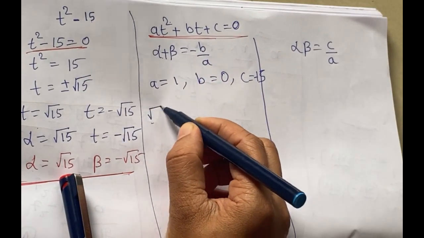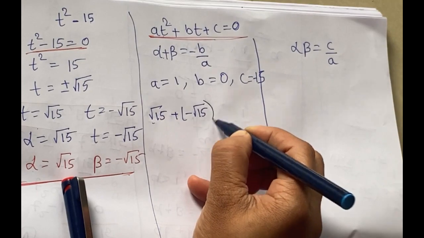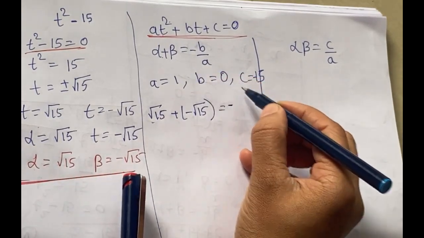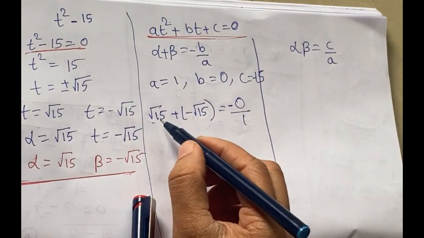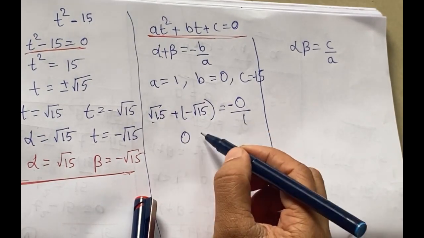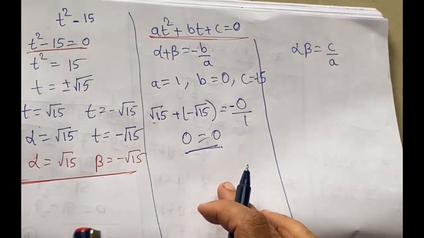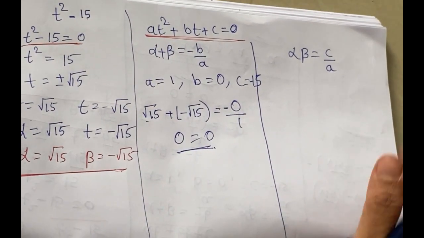Alpha is root 15, beta is minus root 15, b is 0, a is 1. Root 15 plus minus root 15 is 0. Minus 0 by 1 is 0. This relationship is verified.